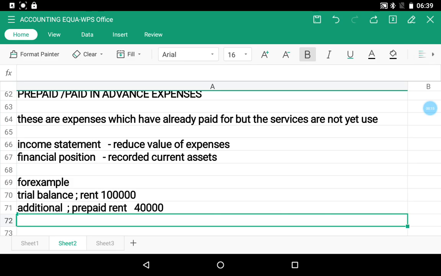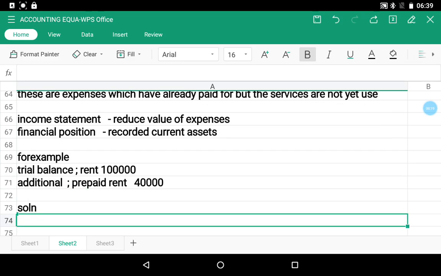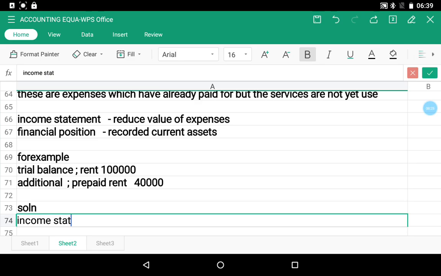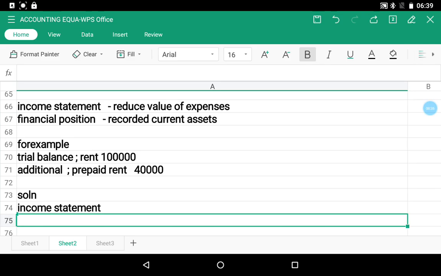So we're going to see how they treat it. We're going to say solution, and we're going to start with our income statement. And of course, when you come under income statement, we shall come under expenses, because rent paid is an expense.